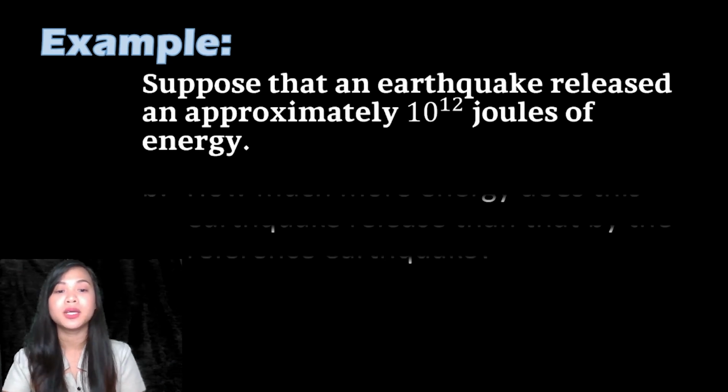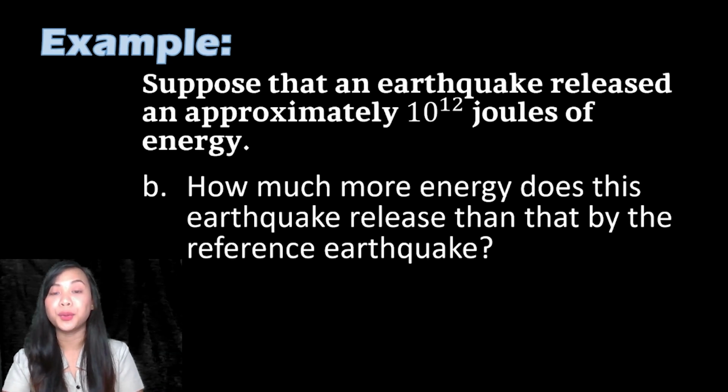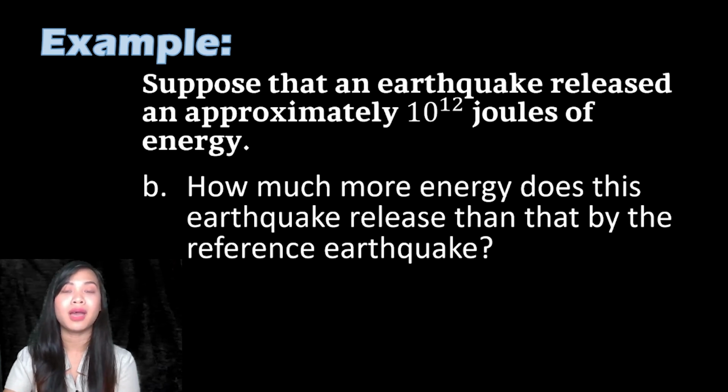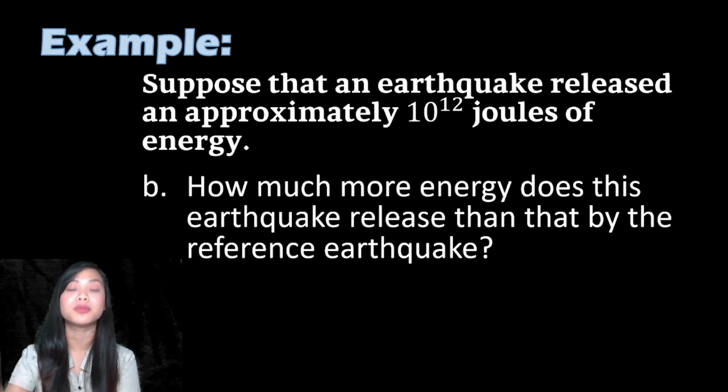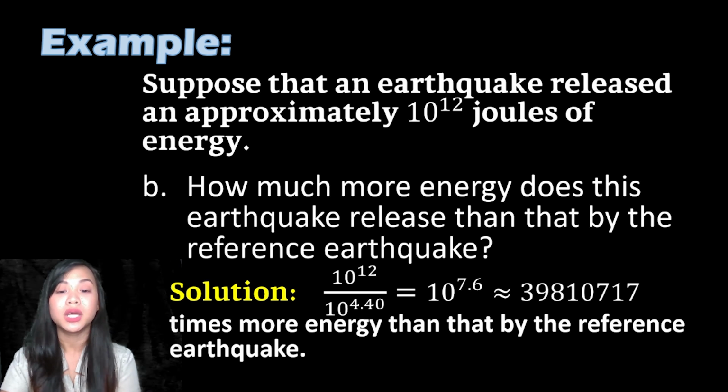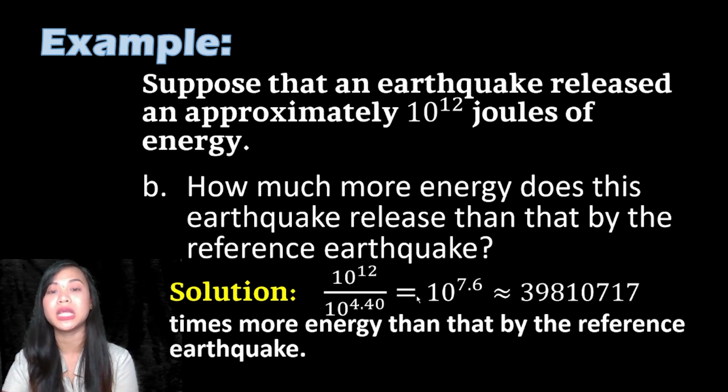Another question in this problem: how much more energy does this earthquake release than the reference earthquake? The reference for the energy release is 10^4.4. So we have 10^12 divided by 10^4.4, which we've already computed.